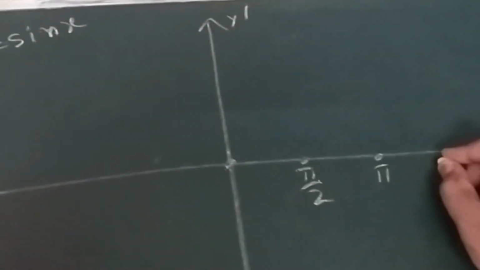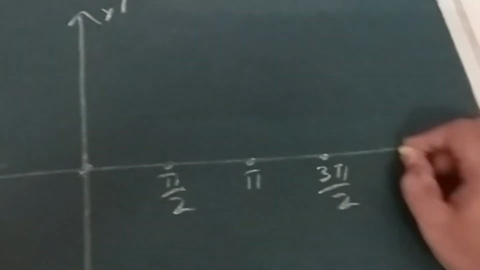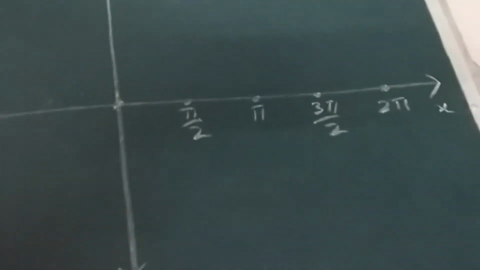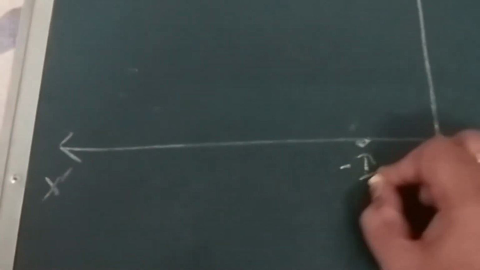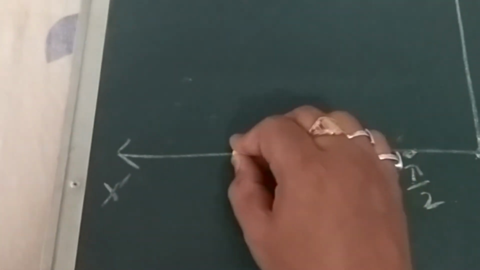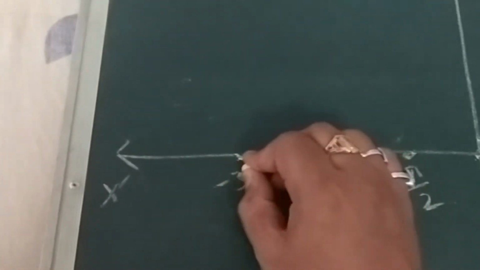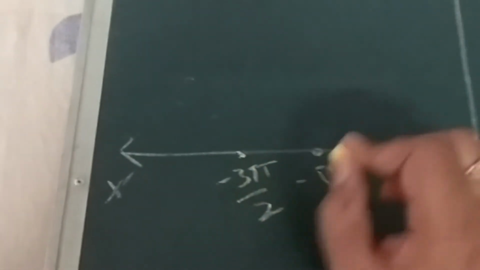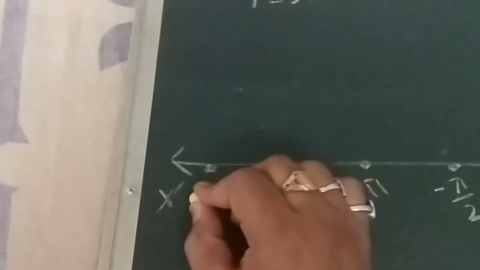3 pi by 2 means 270 degree and up to 2 pi I am drawing, and this side also same, minus 90 degree means minus pi by 2, minus pi, that is minus 180 degree, minus 270 degree means minus 3 pi by 2, and the last one up to minus 2 pi means up to minus 360 degree.